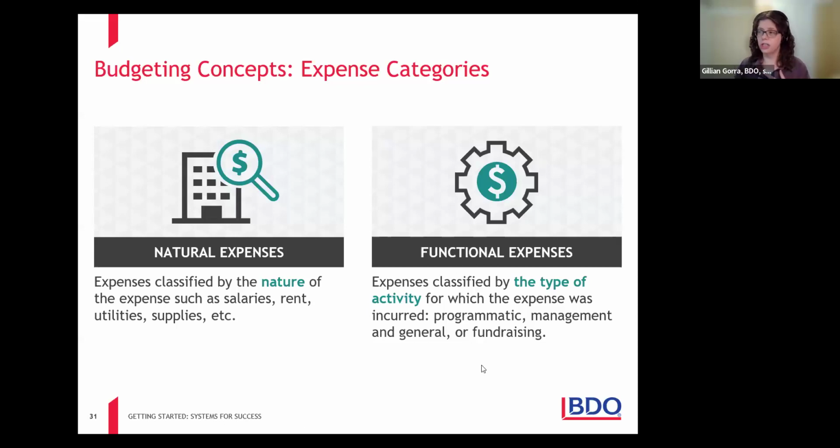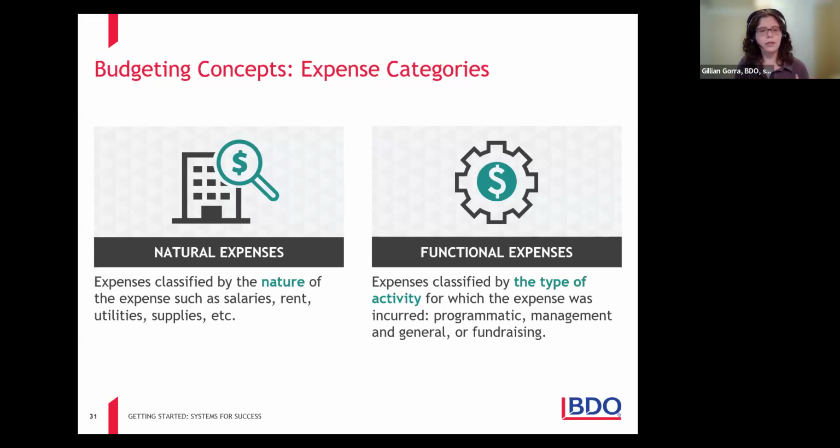Our functional expenses are classified by the type of activity the expense is supporting. So I call this one the what did I buy it for? Now, the functions of a nonprofit organization are its programming, its administrative function. We also sometimes call this management and general.